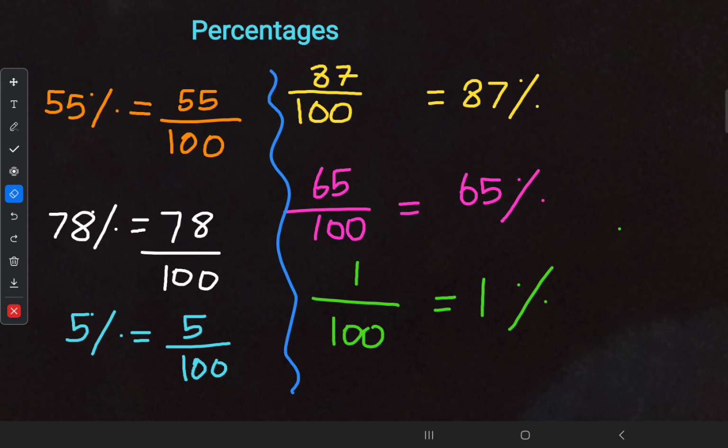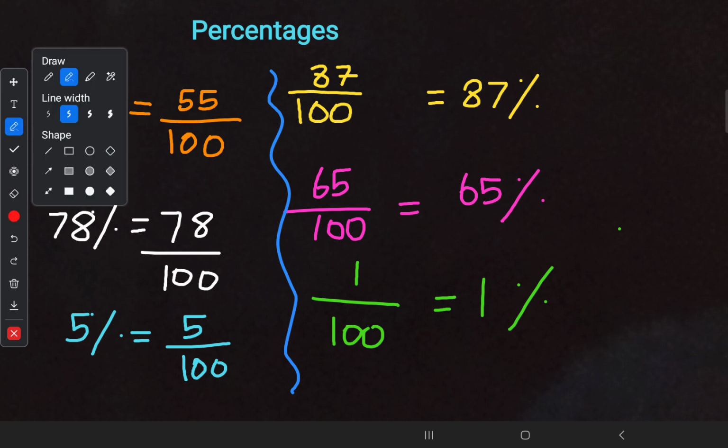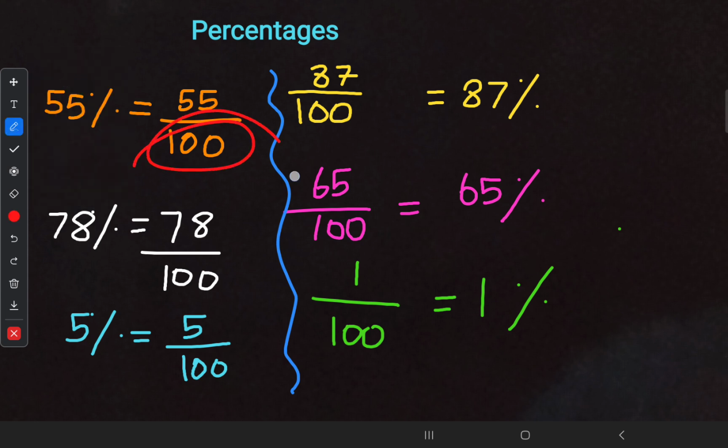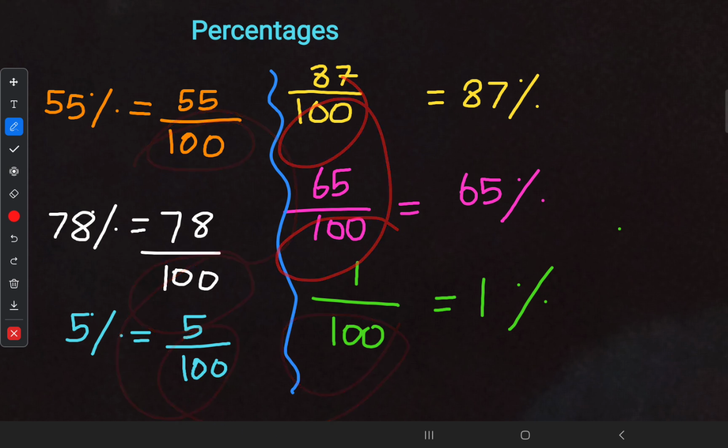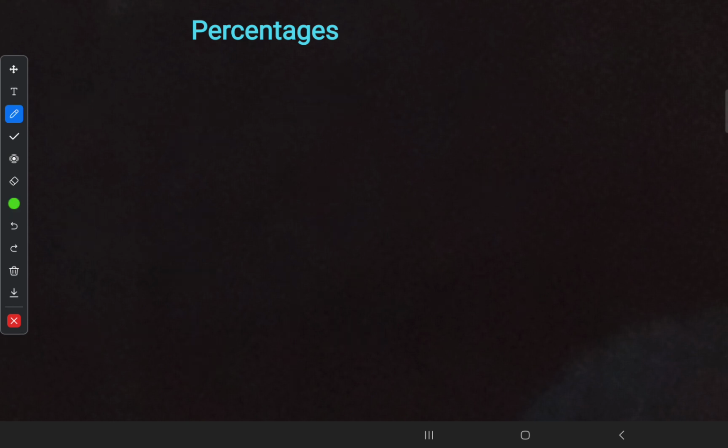Is it a fraction or something else? Then the denominator is also a concerning factor. Here you can see that in all the places the denominators are 100. If the denominator is not 100, how can we approach the question? Let's see. Here I am giving you a fraction, 7 upon 10.